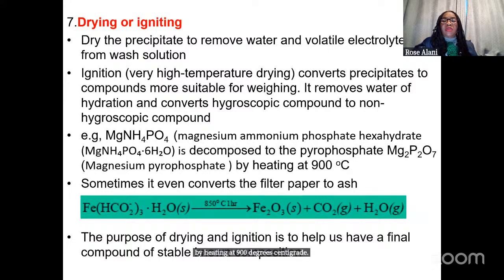So you remove every form of water, and now have a stable, dry compound. So that's an example. The purpose of drying and ignition is to help us have a final compound of stable and known composition.